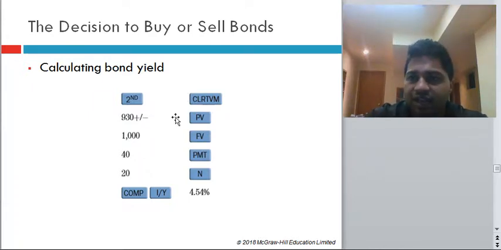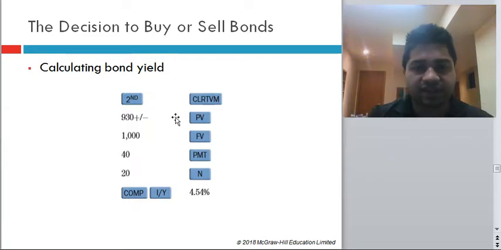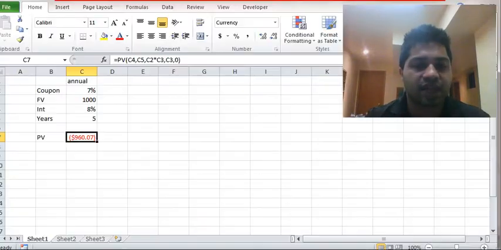As you have calculated the price of a bond, you can also calculate the yield of a bond. If I'm buying a bond for $900, it is paying me an 8% coupon and it is maturing at $1,000. How much gain am I making, considering that I'm getting coupons as well as my bond that I'm paying 900 for will mature at 1,000? You put everything in the calculator.